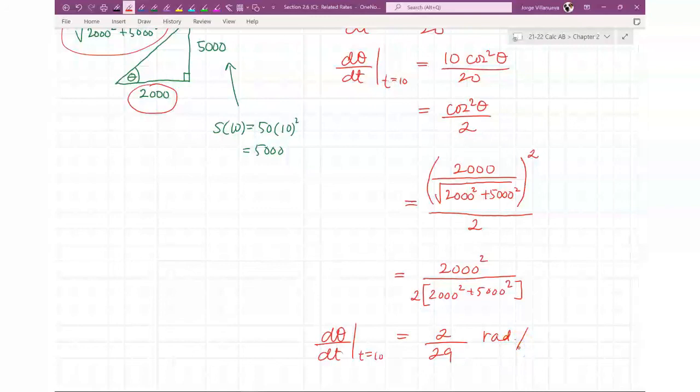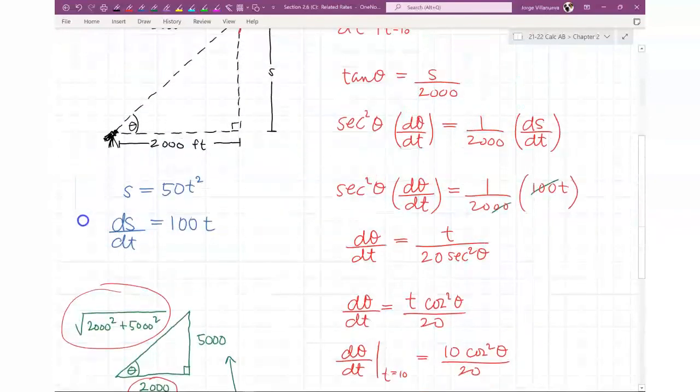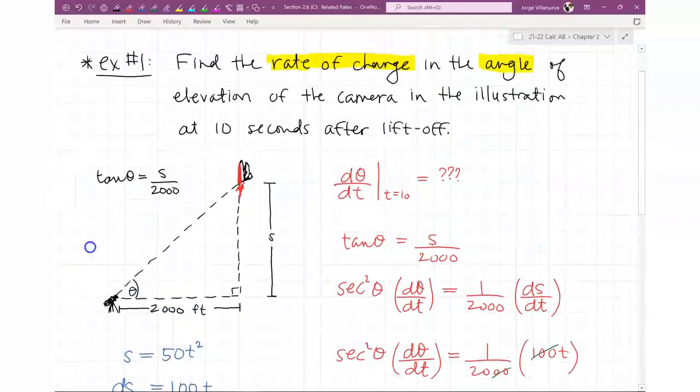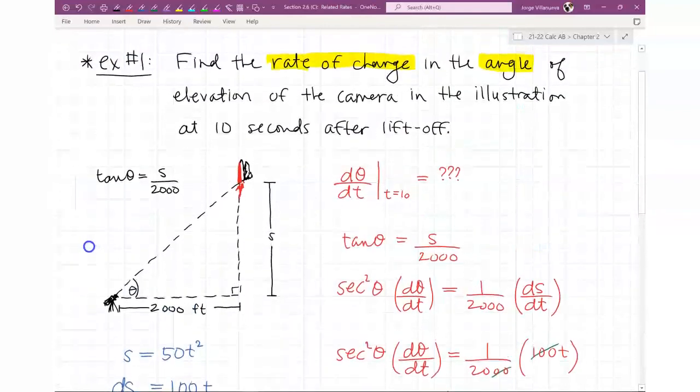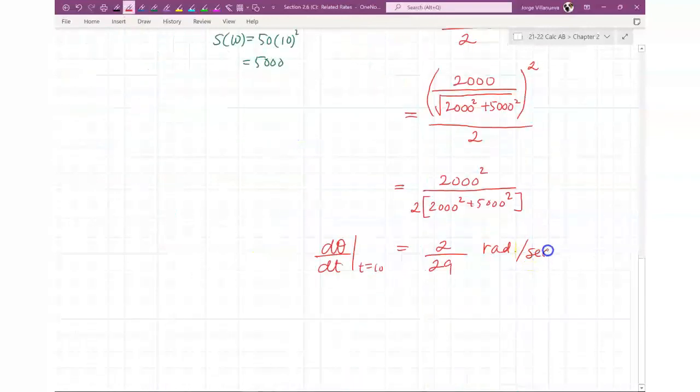In terms of time, what did we use in the picture? Feet, right? Feet, and they said at 10 seconds. So that's going to be seconds. So this will be radians per second. This is my answer for that problem.